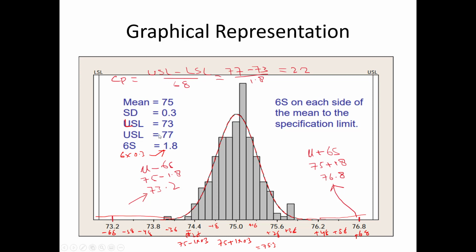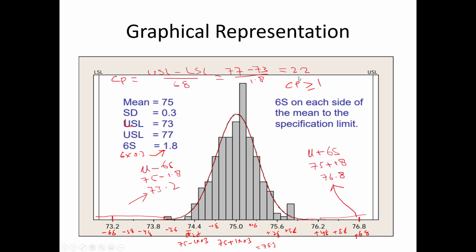The upper specification limit is 77 in this example, the lower specification limit is 73, and our 6 standard deviation is 1.8, so CP is 2.2. When the CP value is greater than or equal to 1, the process will be considered capable.